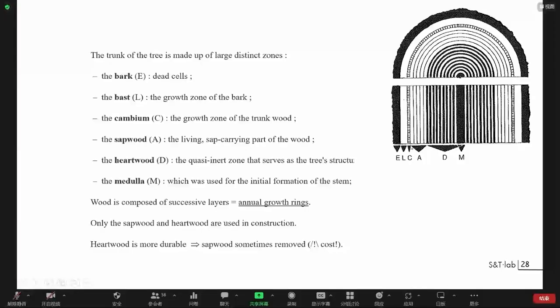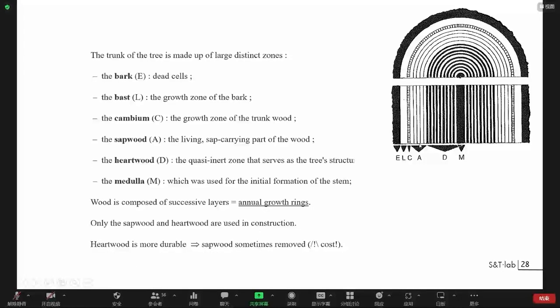And actually, the cambium and the layer just after, the bast, are the only layers that are truly living. If you start from the beginning, the heartwood would be quite dead. The sapwood would still be living, but not that much.